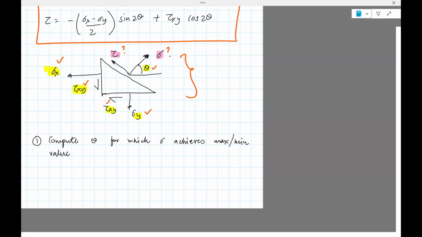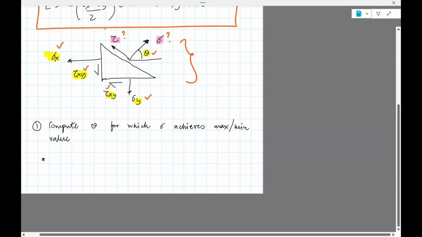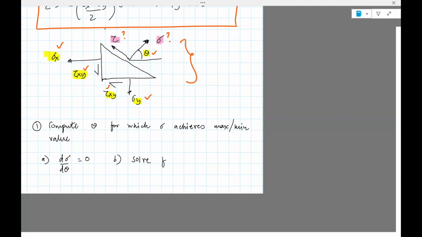And we do so by using this fact in calculus, we compute d sigma d theta, equate that to 0, and then second, we solve for theta.